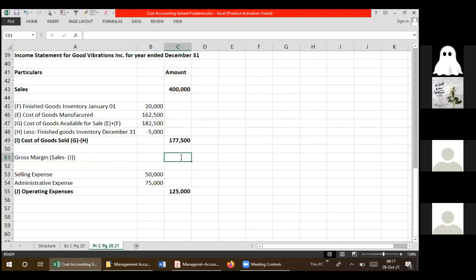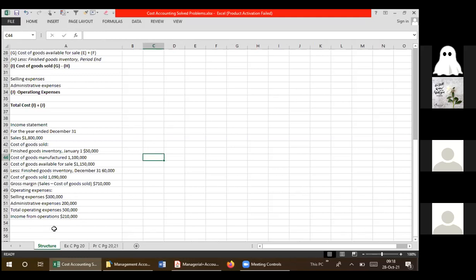That is 222,500. So gross margin is 222,500.